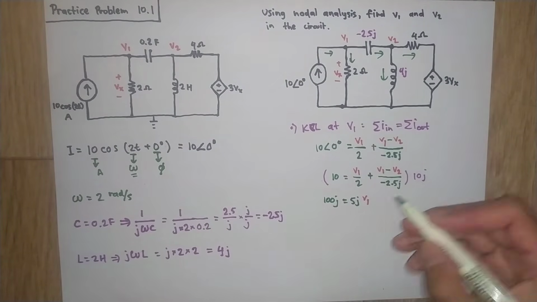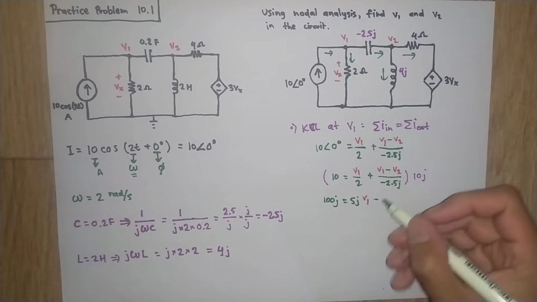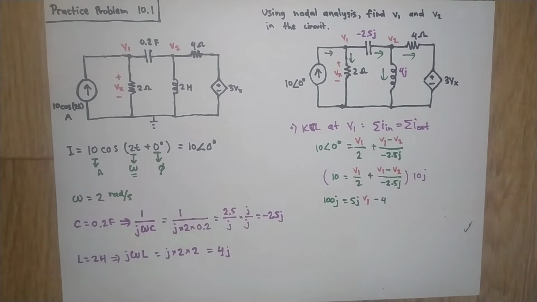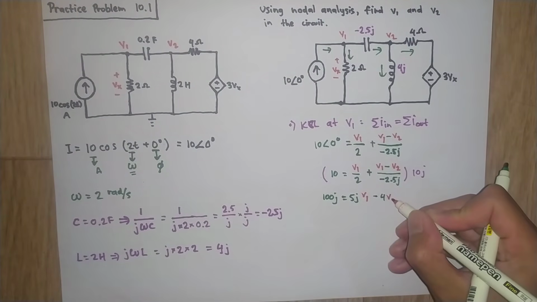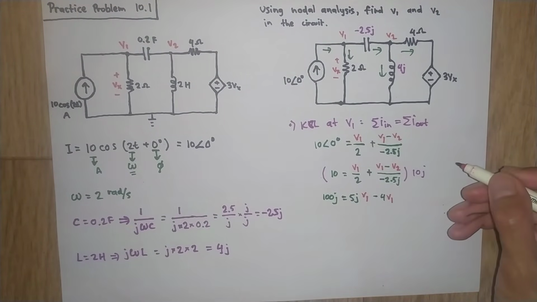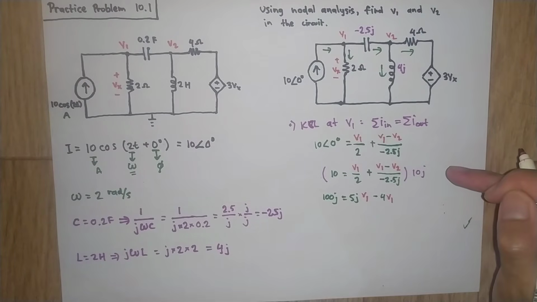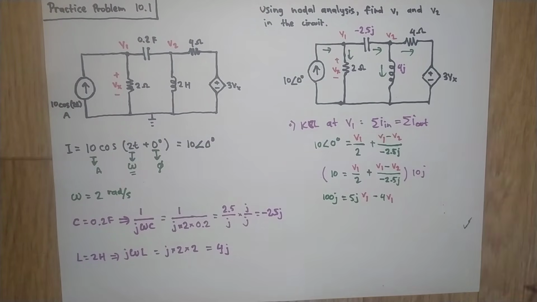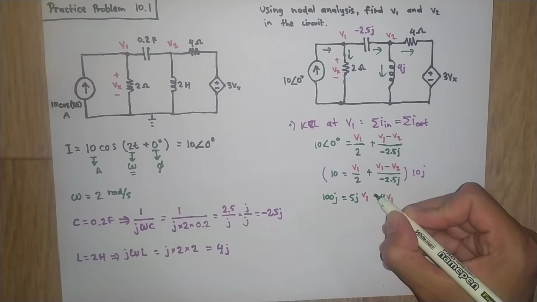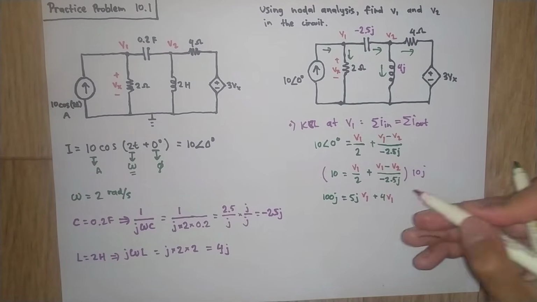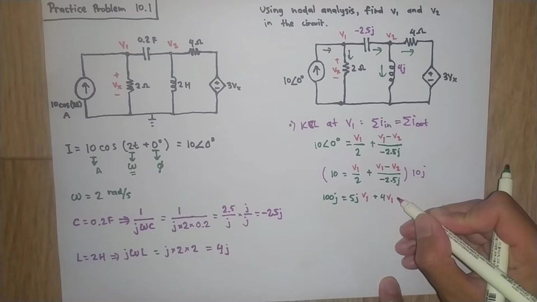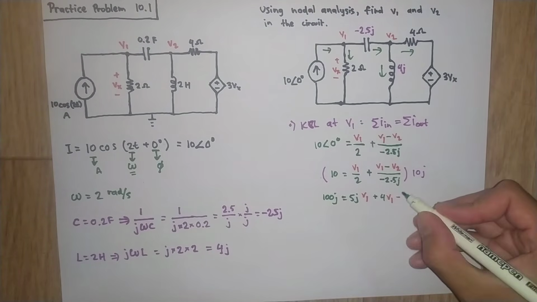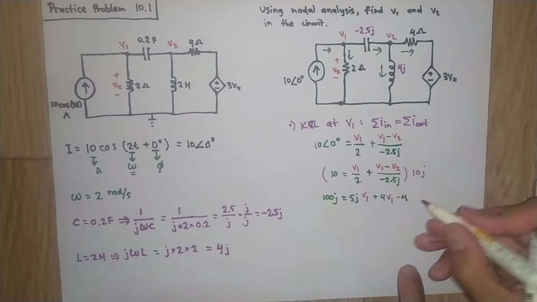So I will have this one, minus 4 V1, and then J times J is minus 1, so 10 divided by 2.5 is 4, so I will have plus V1 and then minus 4 V2.